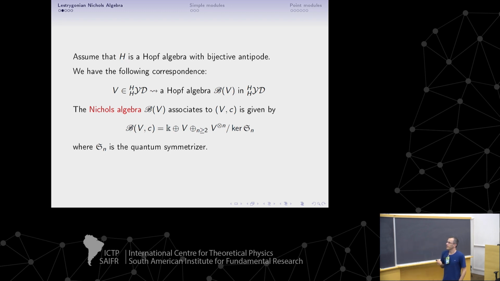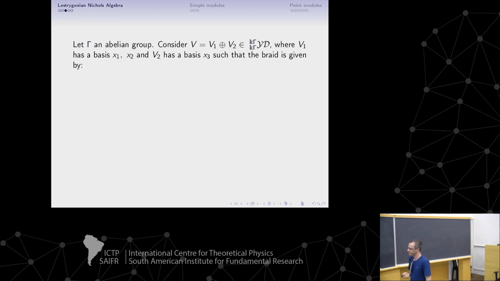This algebra is the Nichols algebra of V. Nicolas talked about this algebra yesterday. This is a connected algebra generated in degree 1. Basically it is a quotient of the tensor algebra by a specific ideal. There are equivalent definitions, but here I use the quantum symmetrizer.